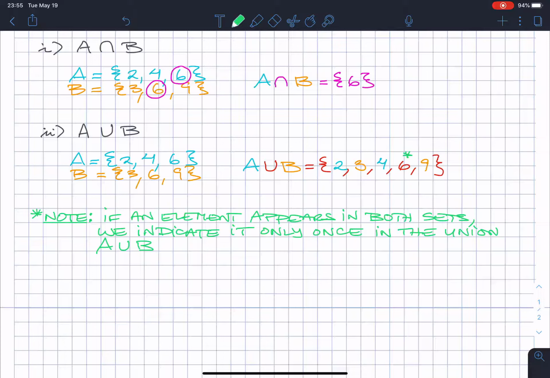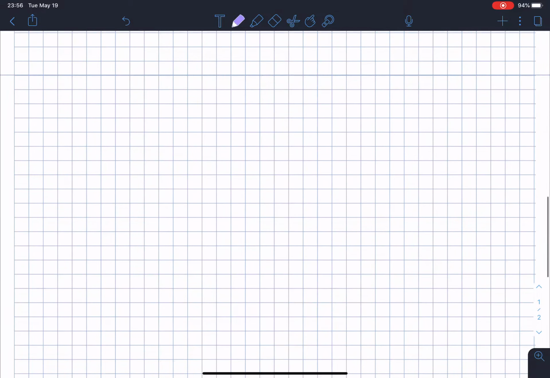Okay, so now let's move on to statements and conditionals. What's a statement and what's a conditional?